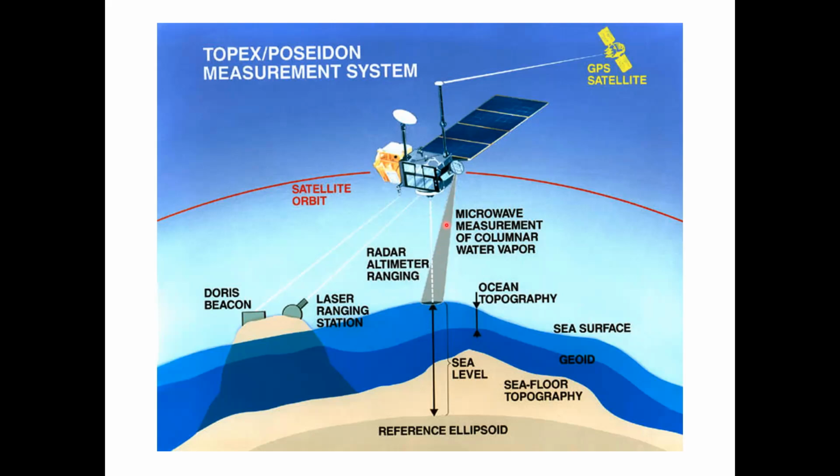The space between the satellite and the sea surface is not empty. There is a medium, the atmosphere, and the speed of light in the atmosphere is not the speed of light in vacuum.